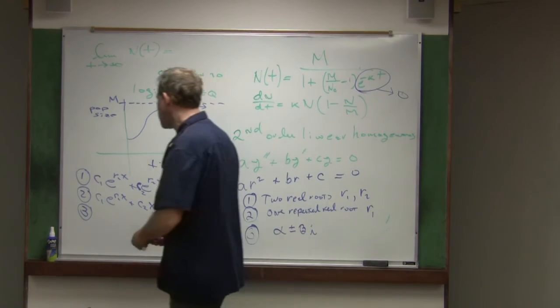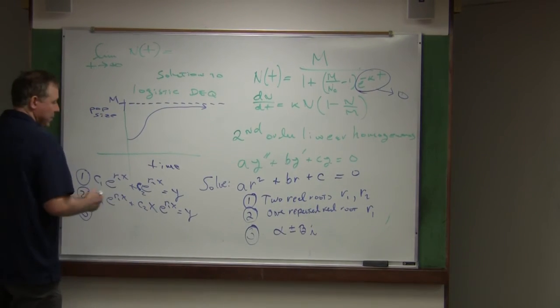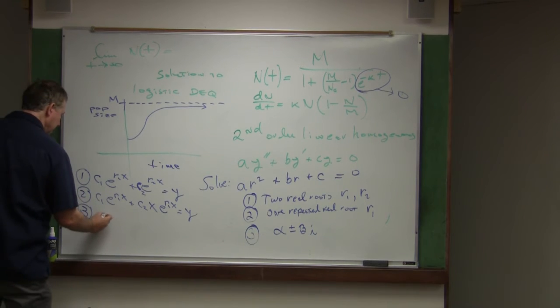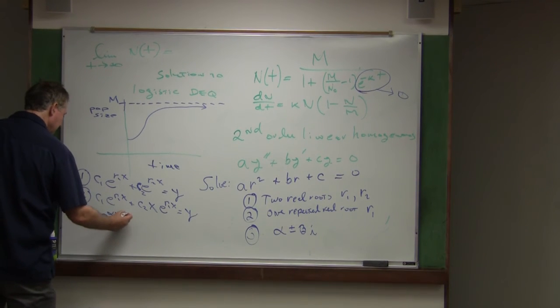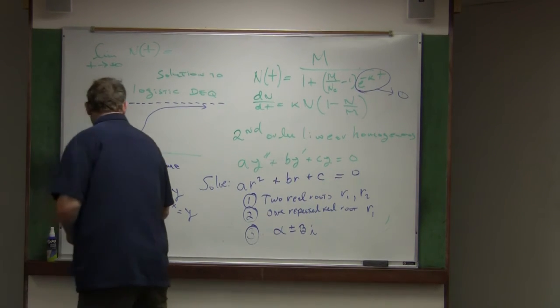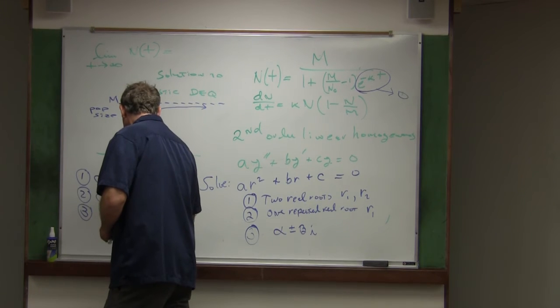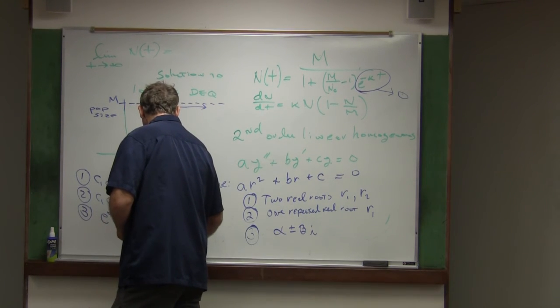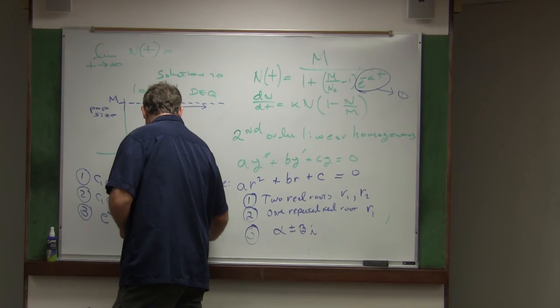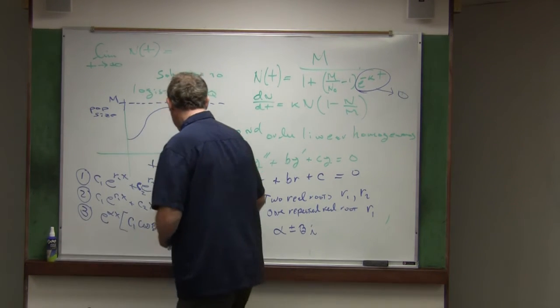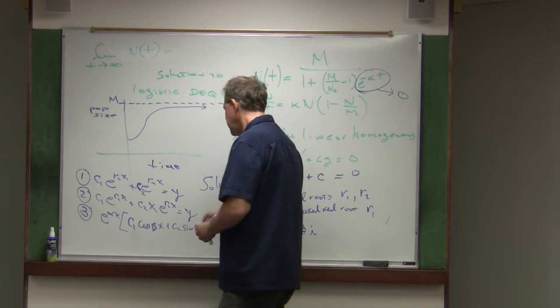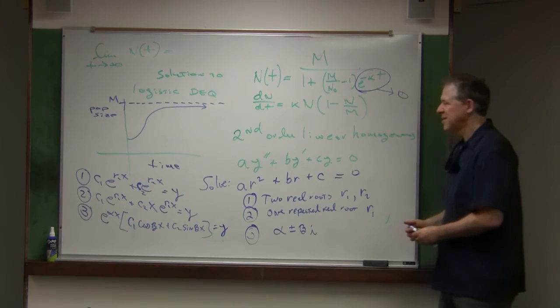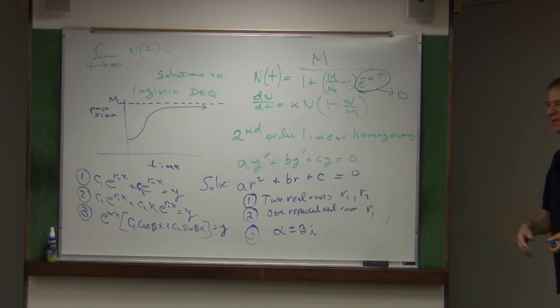But for right now, I'm just going to give it to you. The solution is e to the alpha x times (c1 cosine beta x + c2 sine beta x). And all you have to do is memorize these. Really easy. It's always going to be that way.